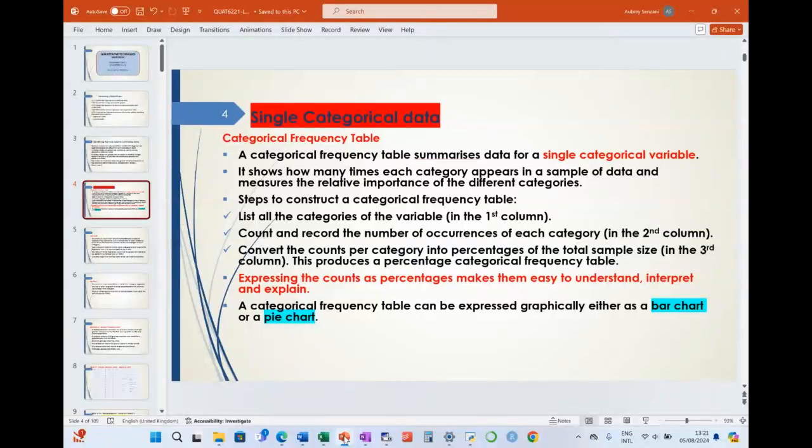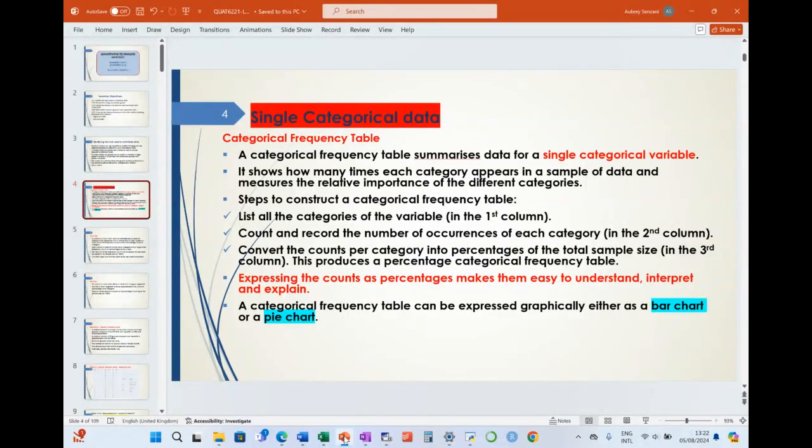And then we just interpret what's on the graph so that we get an overview of what we are looking at. So here, categorical frequency table. Here we're looking at a single categorical variable. And remember, categorical, we're talking about non-numeric data. Expressing the counts as a percentage makes them easy to understand, interpret, and explain.